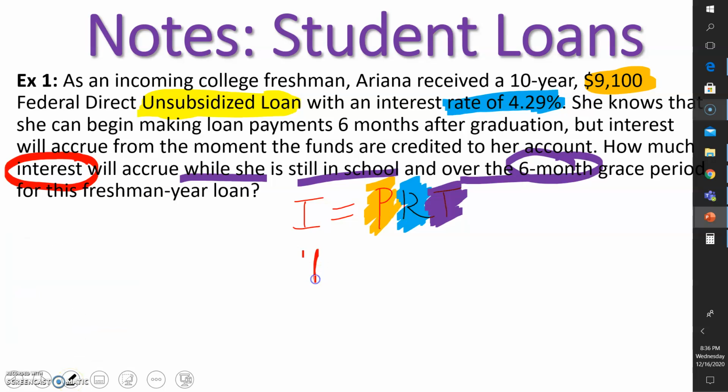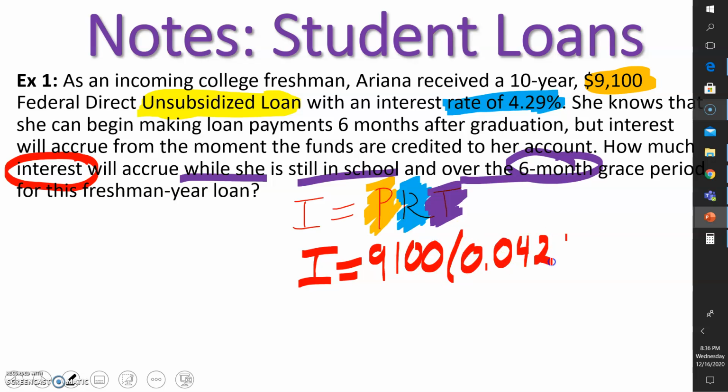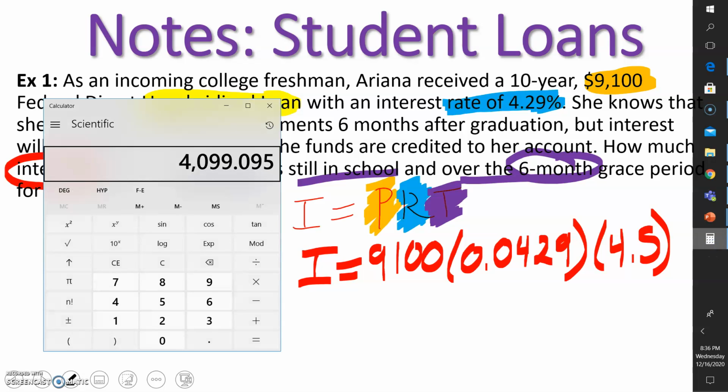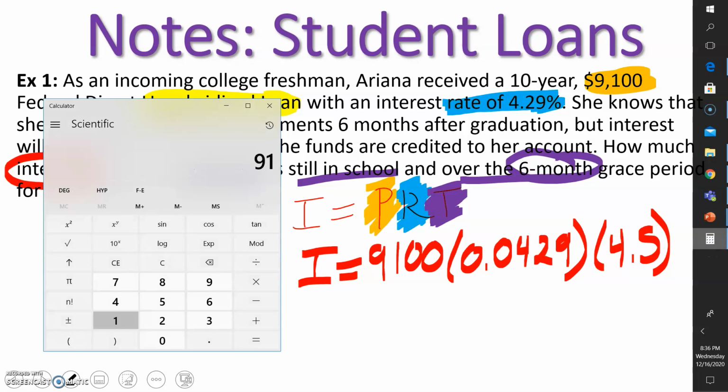So we're going to calculate this. We have I equal to 9,100 times 0.0429 times 4.5 years. Let's use our calculator. So 9,100 times 0.0429 times the 4.5 years before she has to pay it back.